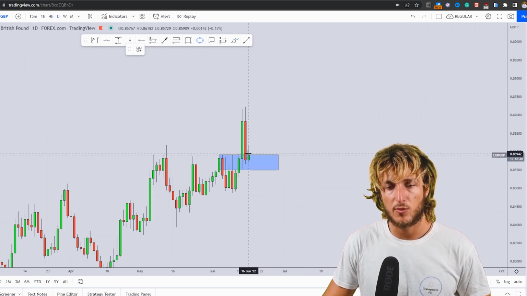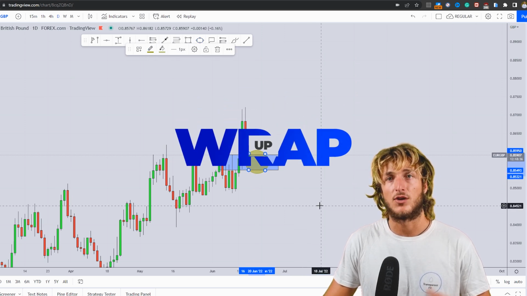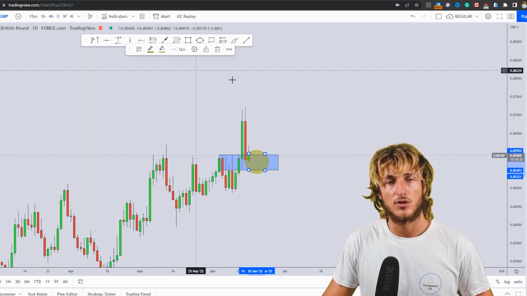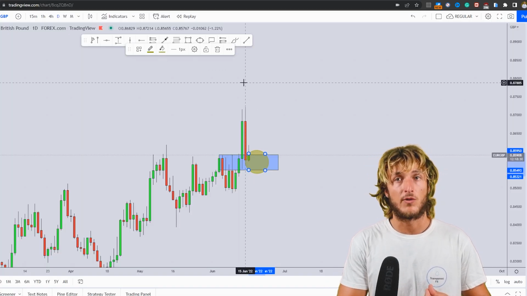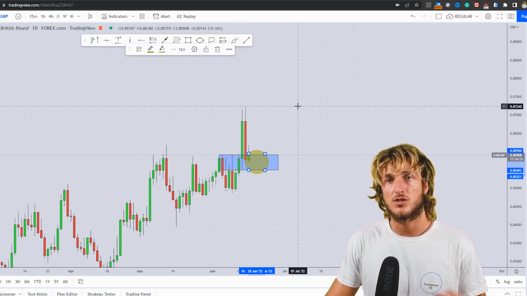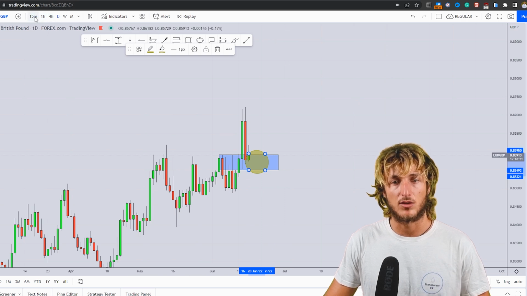Now, how could we be approaching such a move? As usual, trading is reactive and not predictive. The monthly, weekly, and daily combined with the COT data are the best time frames from a directional perspective. However, when it comes to confirmations and entries, the best time frames are the intraday time frames, so 4 hour and lower.